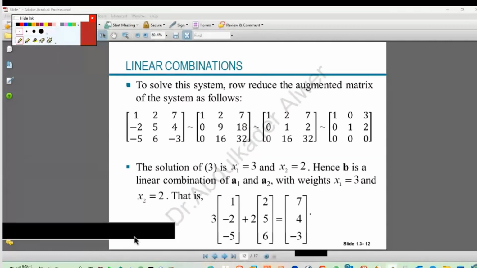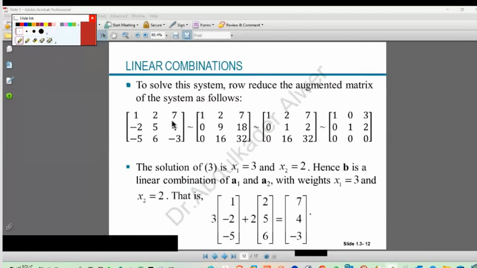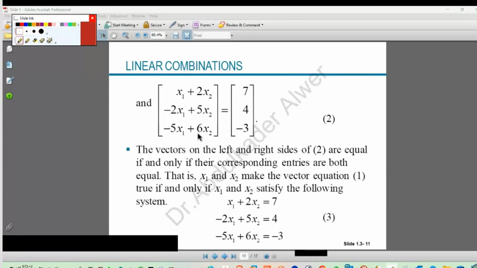How can we solve? We can solve, as you see here, based on the augmented matrix. So again, for a first look, see this one. Here I have two variables, but I have three equations. So you must think that it's not one solution or a unique solution.